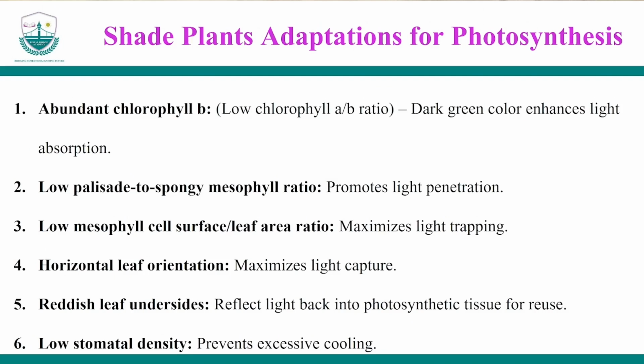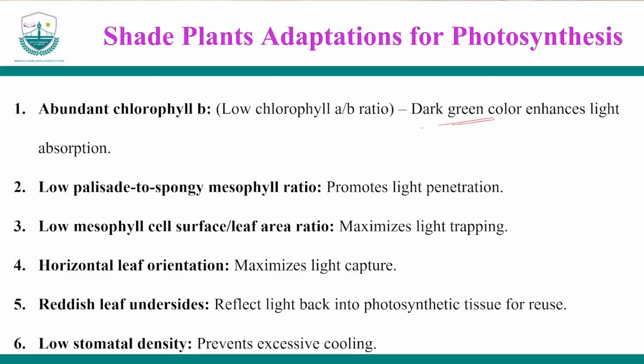So how do they navigate that? Shade plants usually have a lot of chlorophyll B, and that's why they appear dark green. This is to enhance light absorption. They have a low palisade to sponge mesophyll ratio. That means you don't need to have a lot of palisade mesophyll cells closely packed.